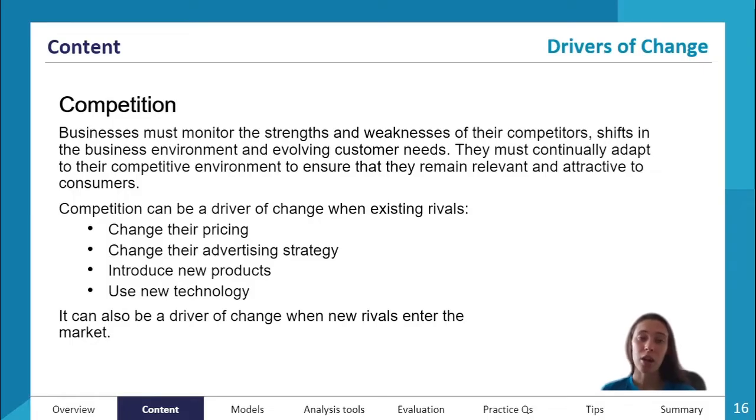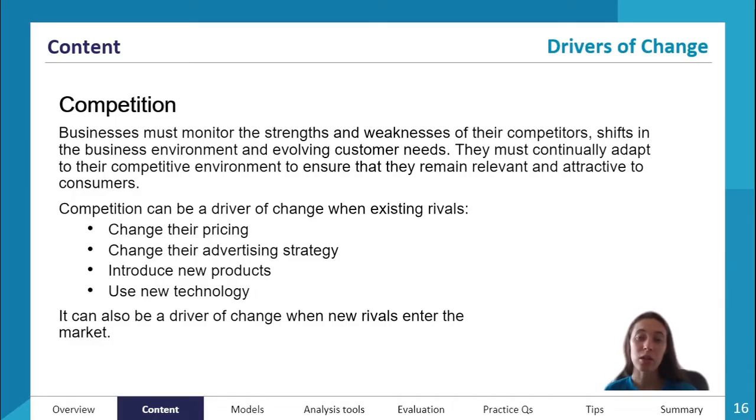Competition is another huge driver of change, which we touched on when we looked at the operating macro and internal factors. So businesses have to monitor the strengths and weaknesses of their competitors, not just themselves. And they need to look at shifts in the business environment and evolving customer needs.